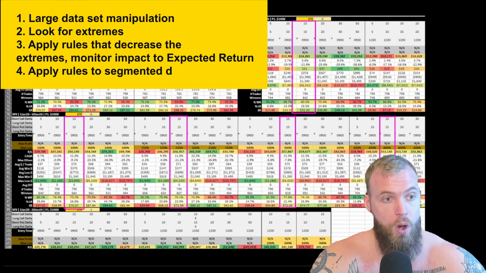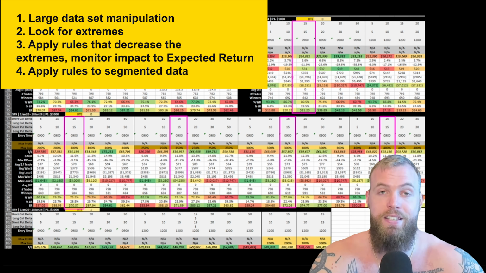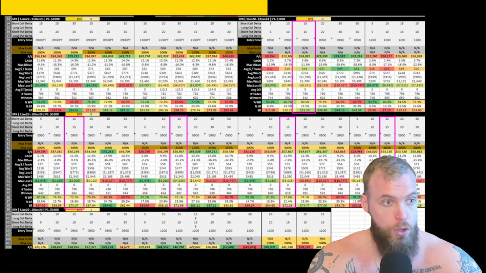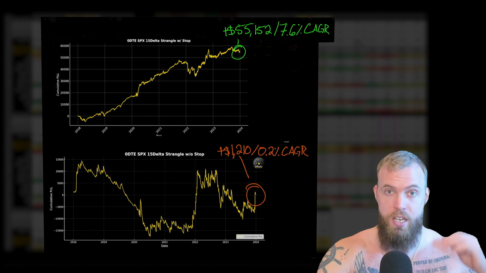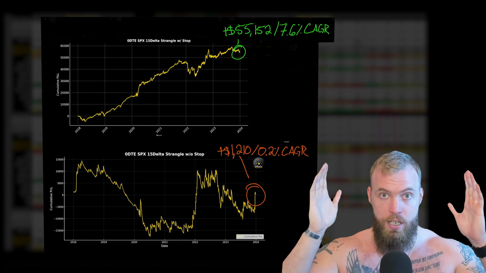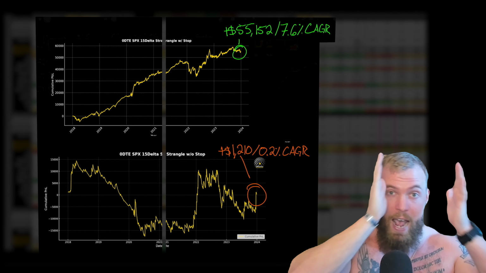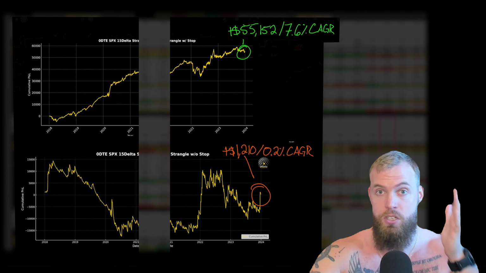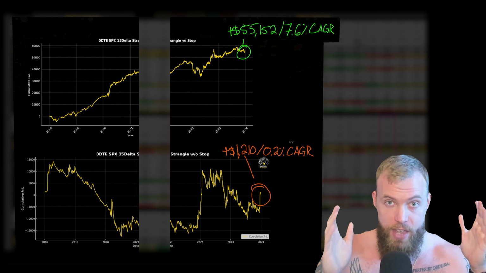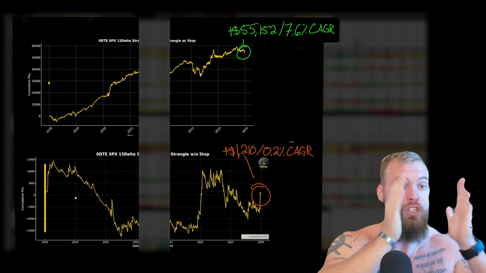So after you apply it to the broad data set, then you need to apply it to segmented data. What that means is, if you remember in the original example, we looked at 2018 to 2024, that entire period. Then what I'm going to do is split that period up, typically in half, and test those two periods. So the first half of that range, and then the second half, and then I'm going to split it up into each year.